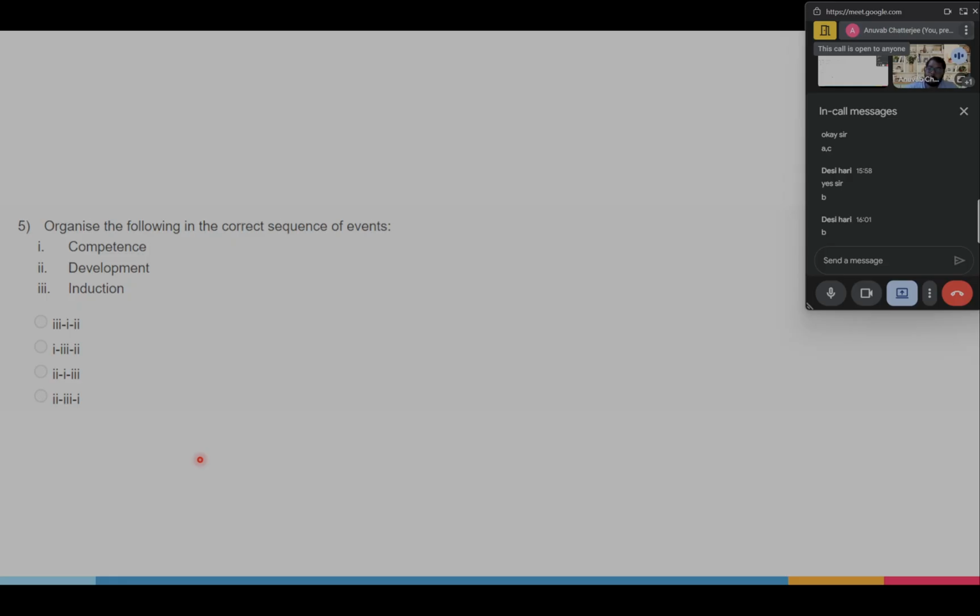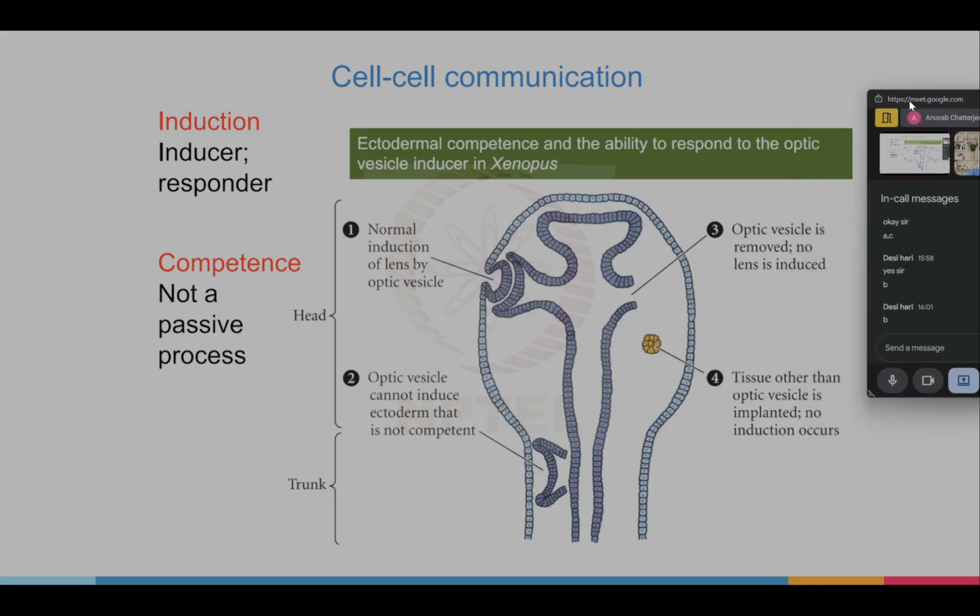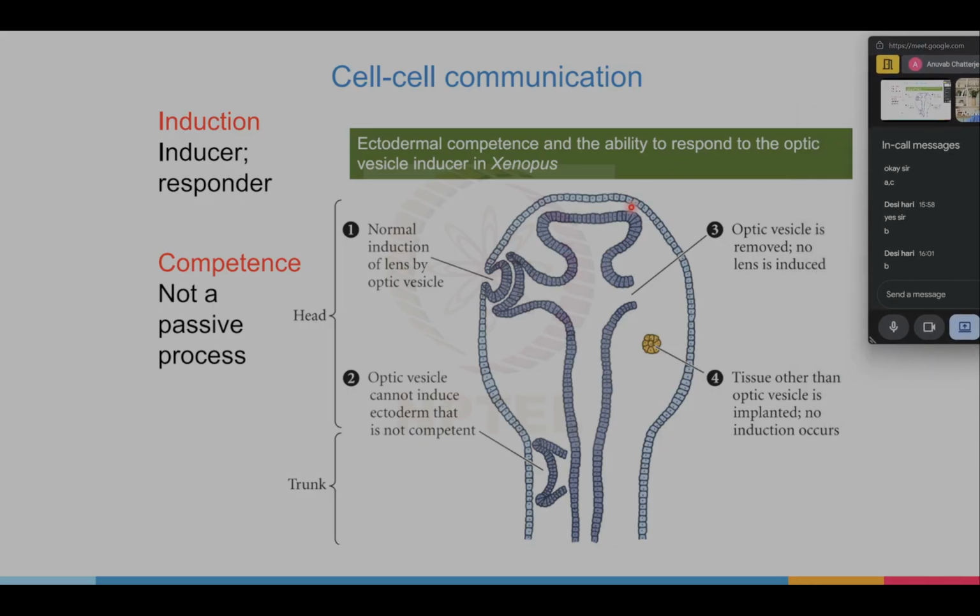So we get the option B, which is 1, 3 and 2, which is competence, induction and development. Let us look at it. We'll go through a bit about what exactly is competence and induction. All the cell types that we have, when they develop into something, undergo different stages. A particular cell type or tissue type needs to be induced to form a tissue.